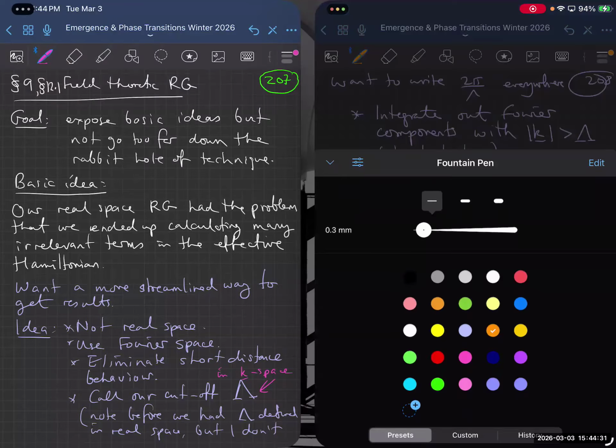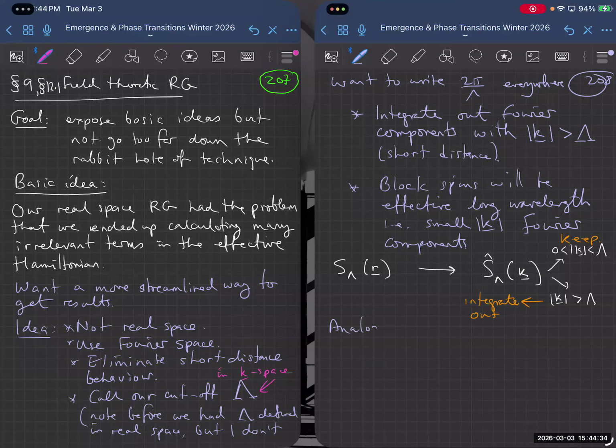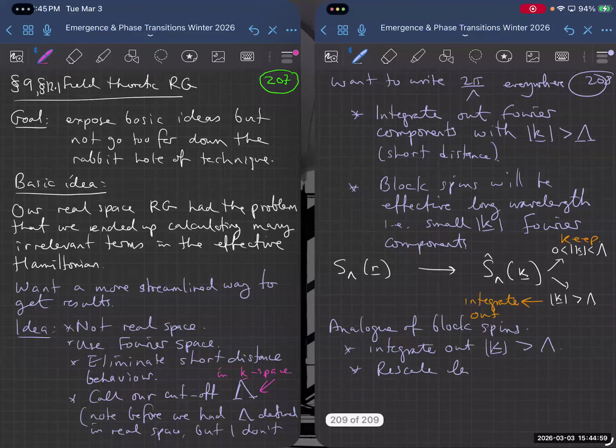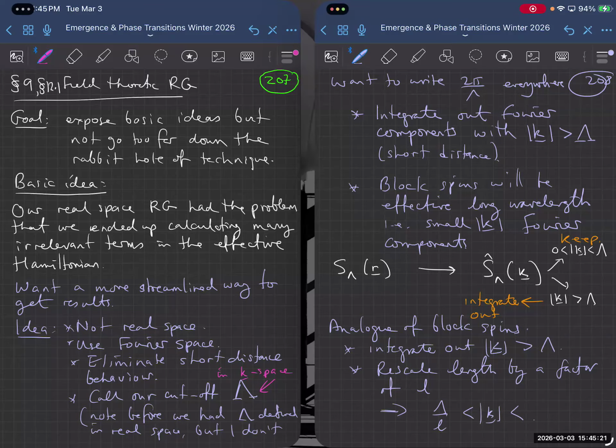What is our analog of block spins? So after you've integrated out modes with k greater than lambda, what we're going to do is rescale length by a factor of L. And that means that basically the scales that we remove are lambda over L is less than k is less than lambda.